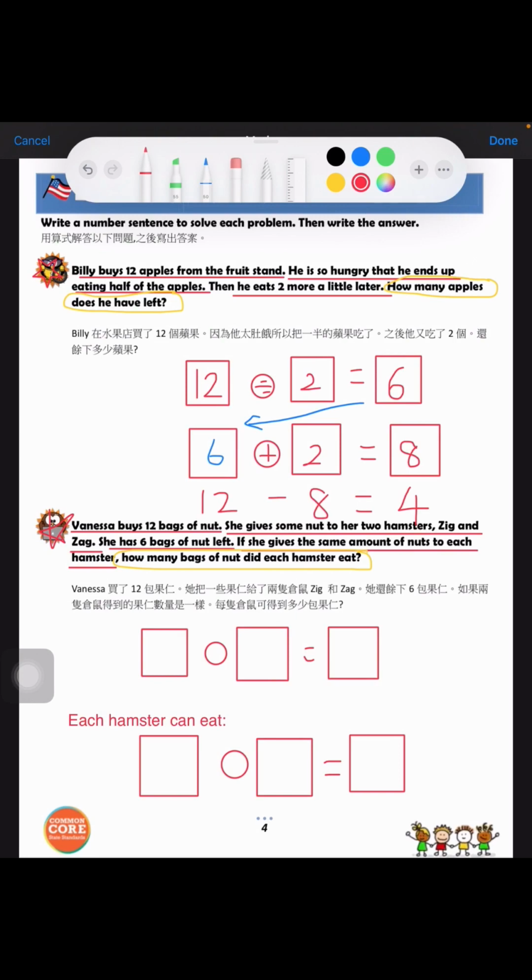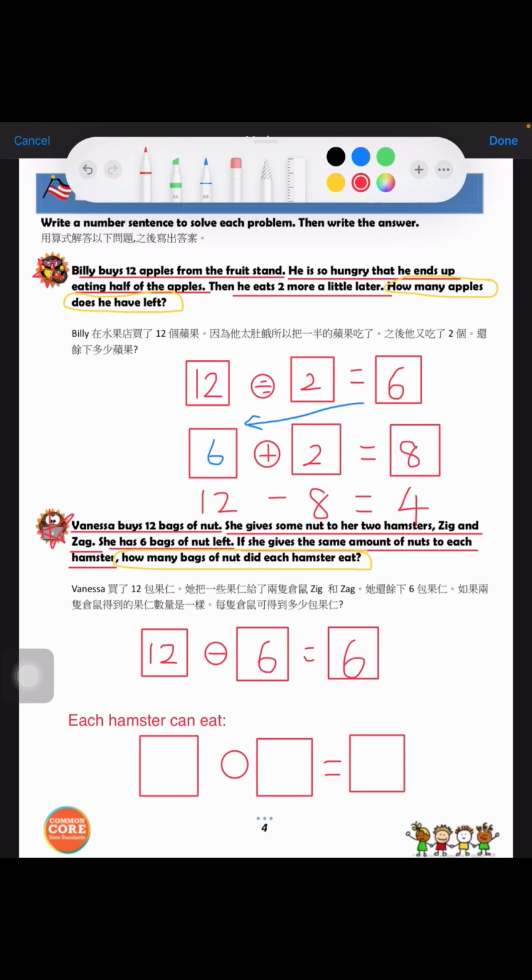First, to find out how many bags of nuts Vanessa bought for her hamsters, we can subtract 6, the number of bags of nuts she has left, from 12, the number of nuts she bought, which equals 6.